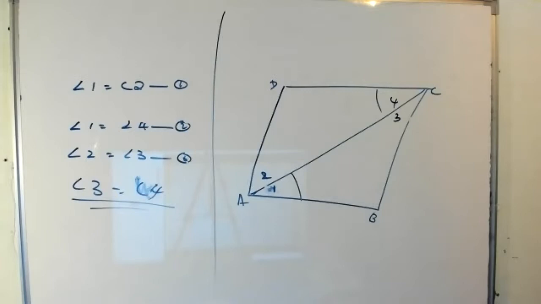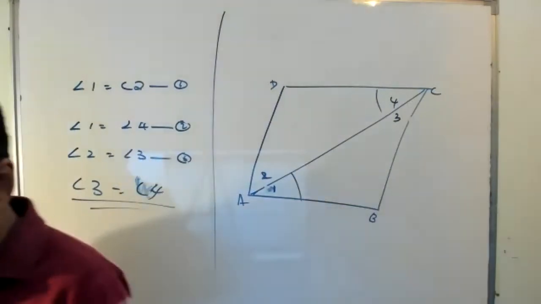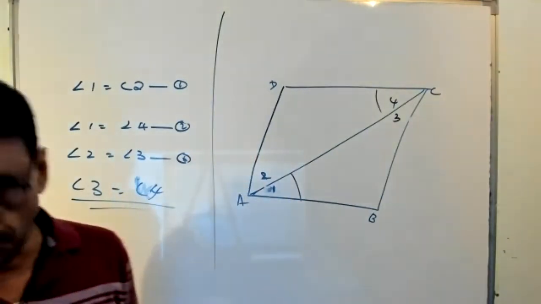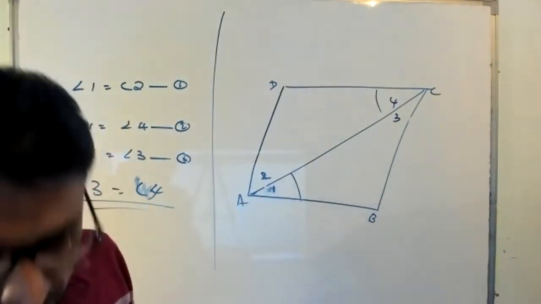Then angle 2 equal to angle 3, alternate angles. From 1, 2, 3, we get angle 3 equal to angle 4.